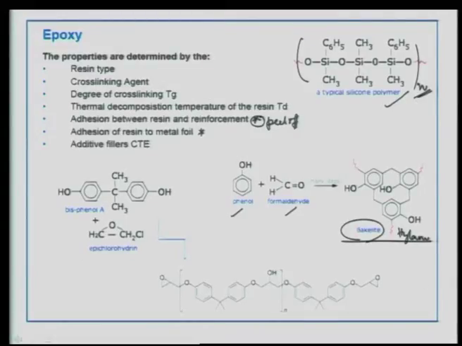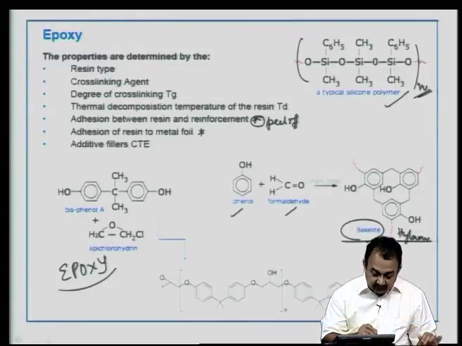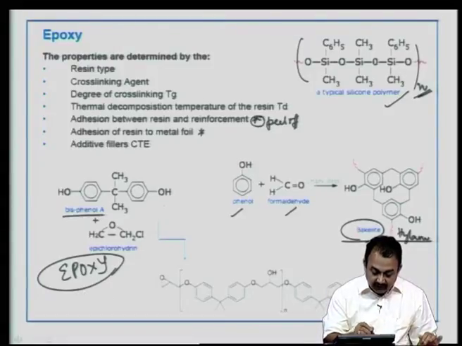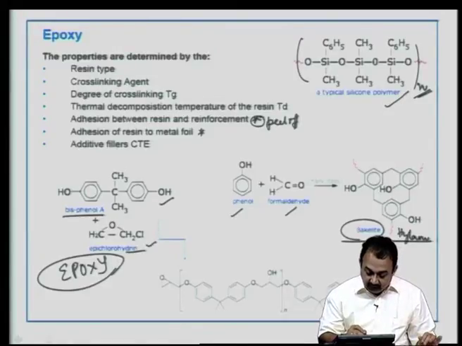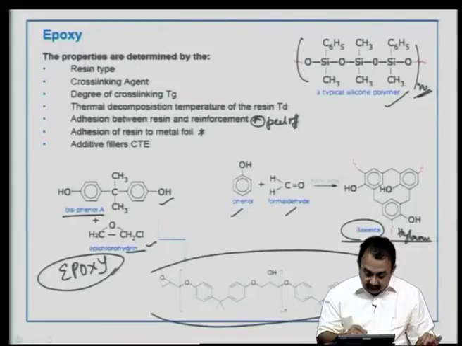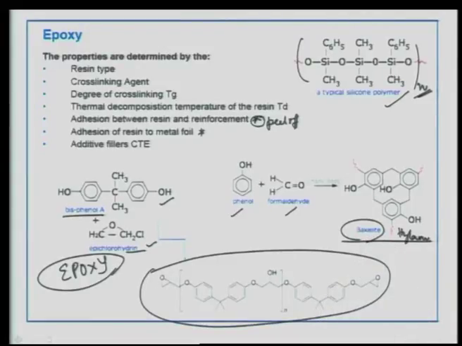So, here is a typical epoxy, which we are very much interested in because it is economic and most of the PCB industry uses this. We see bisphenol A is used in conjunction with epichlorohydrin, and you get a polymeric structure like this, where you see the epoxy groups. You can see this is an epoxide.